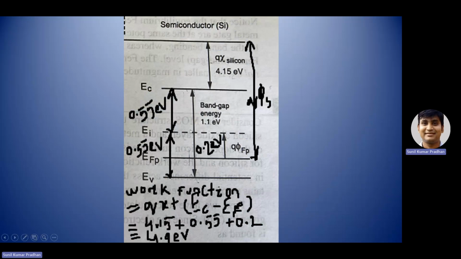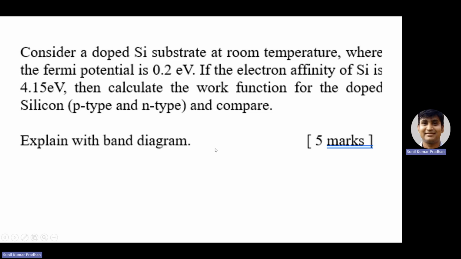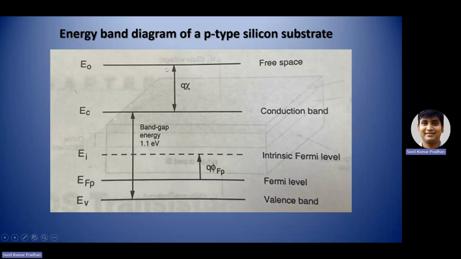We can divide it, because as I said, the intrinsic Fermi level is in between the conduction and valence band. So from EC to EI it will be 0.55 eV, and from EI to EV also 0.55 eV, because 1.1 divided by 2 is 0.55 eV. Now the Fermi potential is already given as 0.2 eV as per the question.